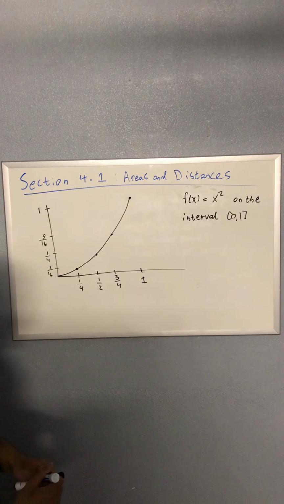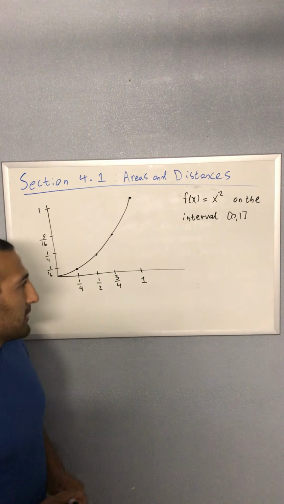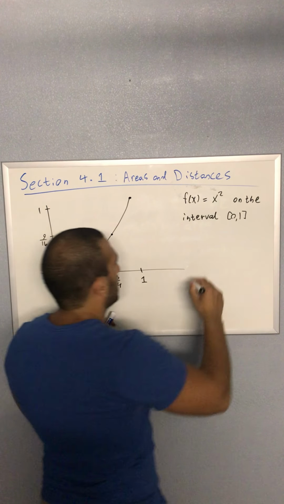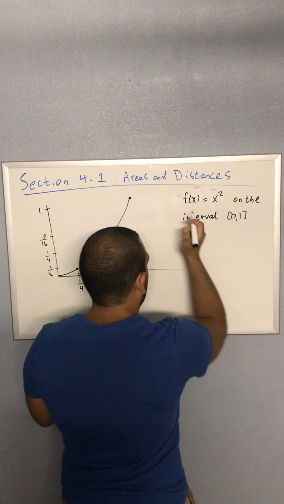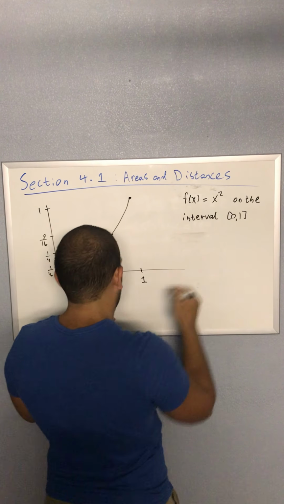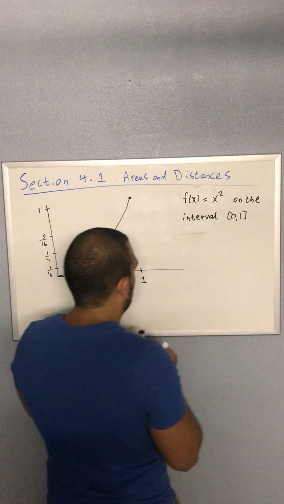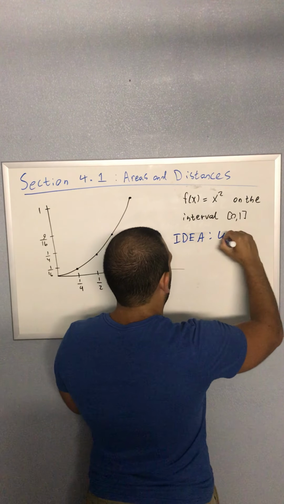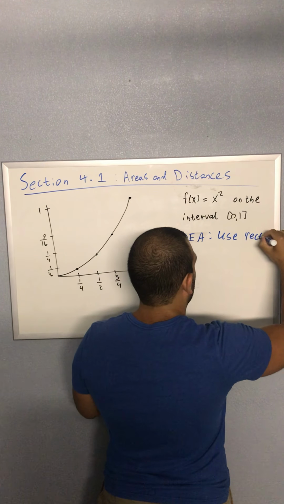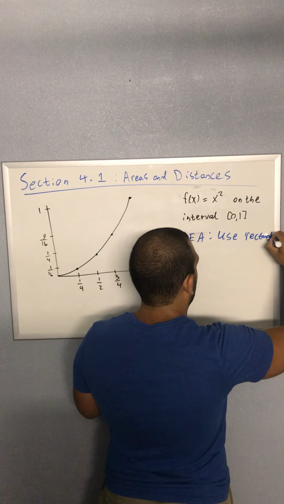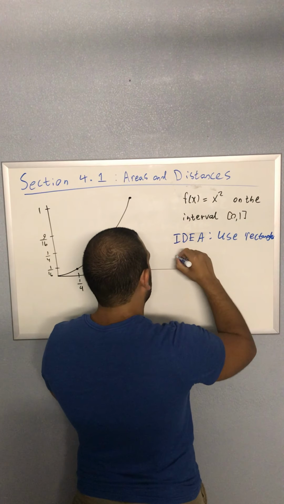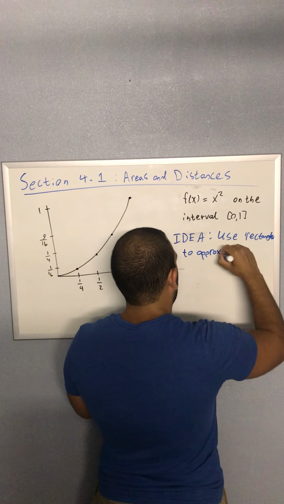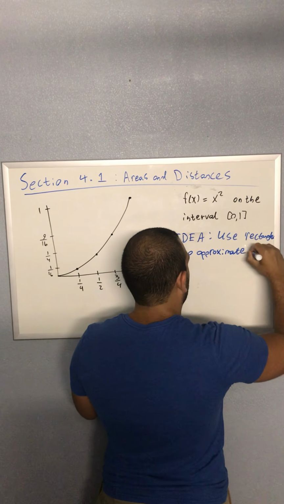So the idea here is we're going to approximate the area underneath the curve with rectangles. So this is the big idea. Use rectangles to approximate the area.